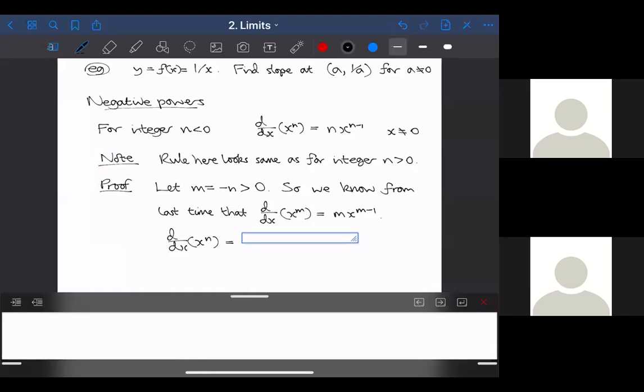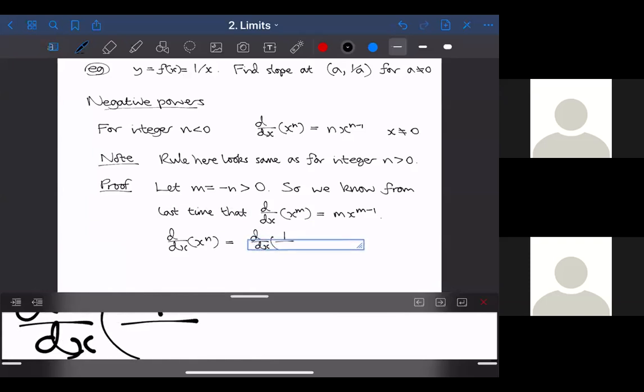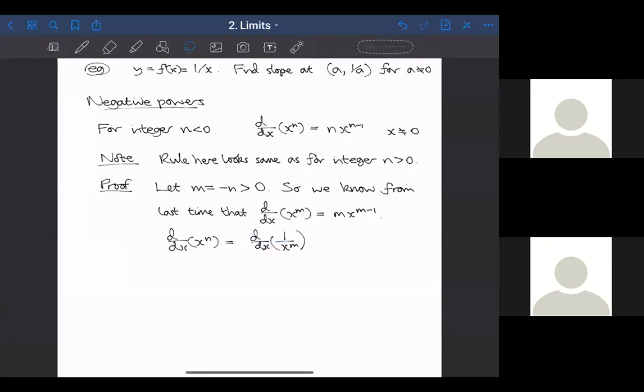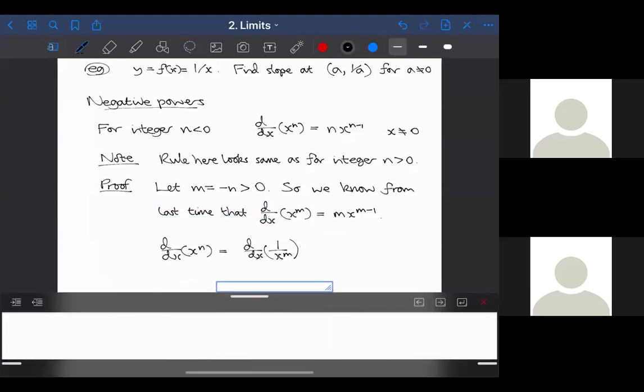So this is d by dx of 1 over x to the m, because m is minus n. And then I can calculate this using the quotient rule for derivatives.